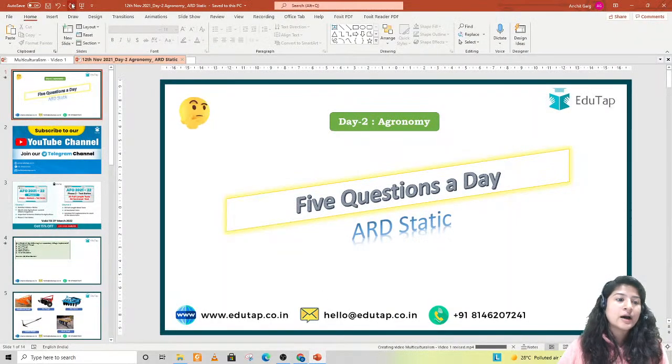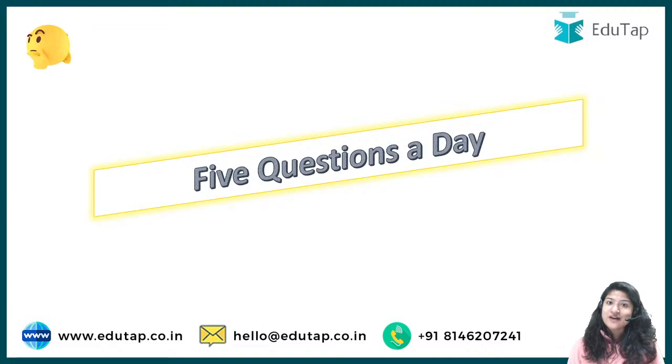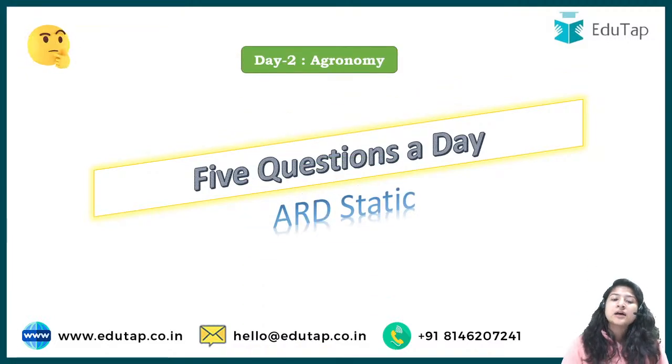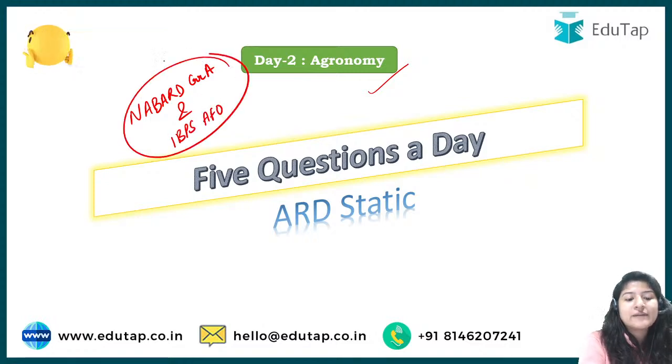And today also we are going to do agronomy, right? So that is 5 questions a day of ARD static, and it is day 2 of agronomy. All the topics that we are covering in this series are made by keeping in mind the examination pattern of NABARD grade A, and along with that IBPS SO, or for your clarity, IBPS AFO.